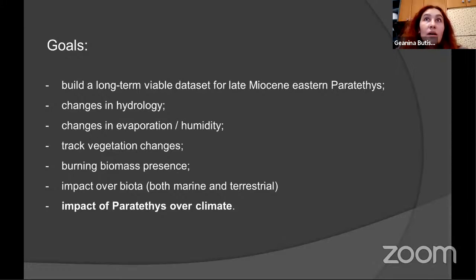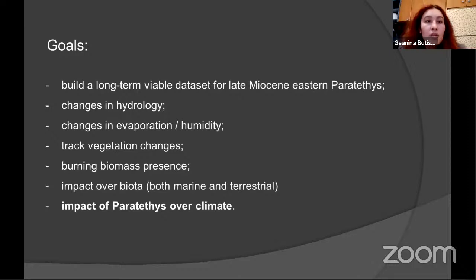Actually, I think that using the tools that we use, no one has ever done it before in any of the Paratethyan basins. In the Black Sea, there are two other records from Geanina Butiseacă, one of my supervisors, but they are a bit younger. And with this one, we wanted to go deeper in time and cover as much as possible.